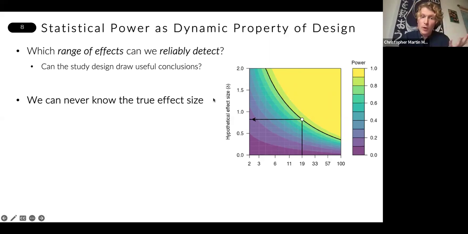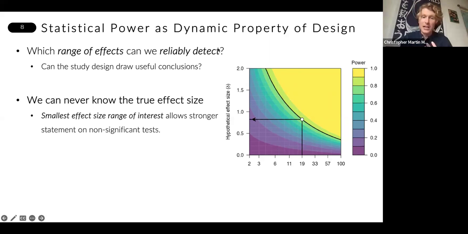But what we do know, right, is the smallest effect size range of interest, right? We know that if we're interested in effect sizes between 0.5 and 1, then we need a specific amount of participants to be able to reliably detect these effects. So again, with that in mind, we can never know the true effect size, and we always need to rely on this range of effect sizes of interest to power our studies.